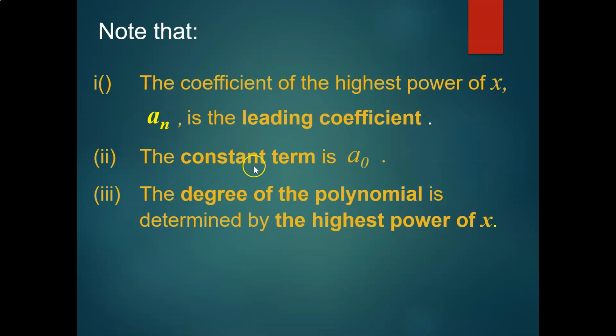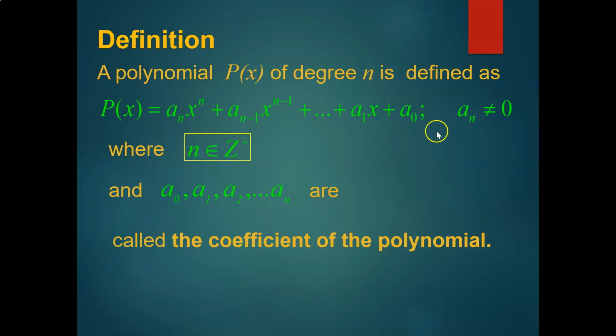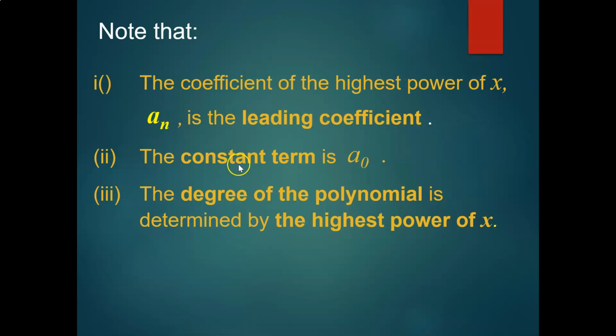Okay, and the constant term is A0. Kalau ada dekat belakang sekali, contoh dekat sini, A0 ni, yang dah belakang ni kita panggil as constant. So that becomes the constant term. Okay, the third one, the degree of the polynomial is determined by the highest power of x.